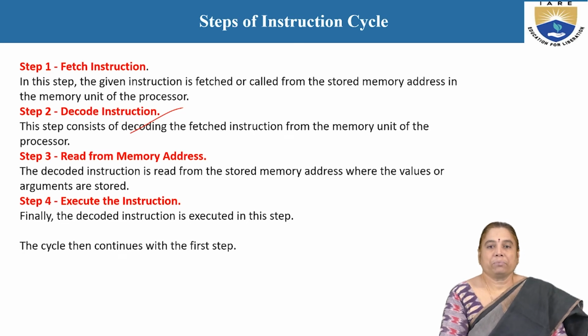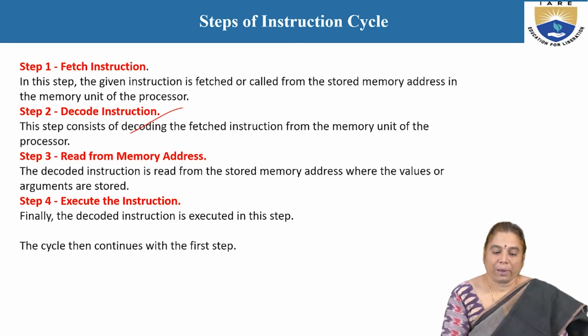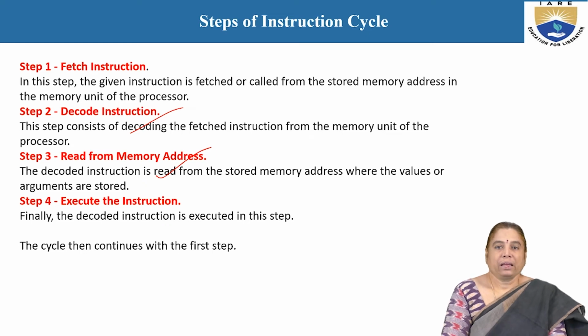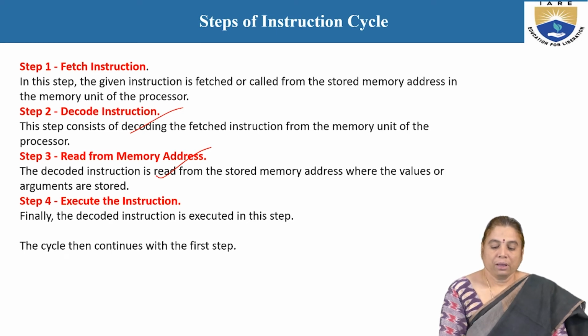The instruction is represented in the instruction code format: bits 0 to 11 represent the address, the next 3 bits represent the opcode, and the last bit represents the addressing mode. Next, based on the instruction type, whether it is memory reference, register reference or input-output instruction, the operand is read. If the operand and opcode are available, the instruction can be executed.